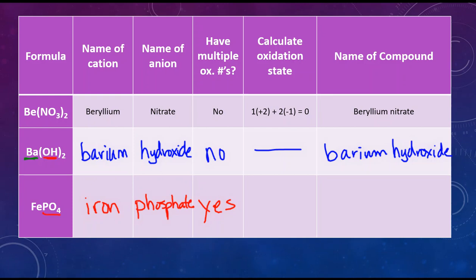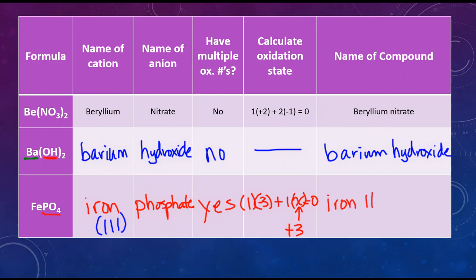What's the charge on phosphate? 3 minus. So we have 1 times minus 3 plus 1 times X equals 0. So what is this charge going to be on our iron? Has to be 3 plus. Good. To make it balance out to 0. So our Roman numeral for iron will be 3. Then you can write out the name.